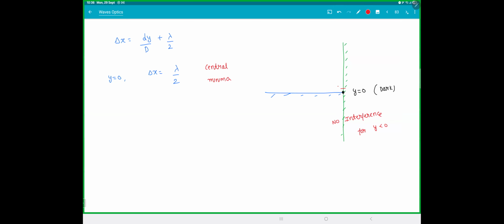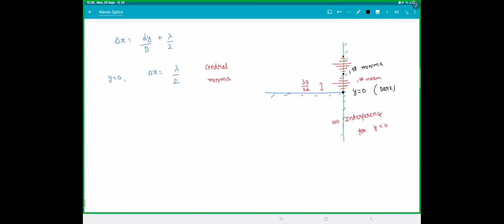That means if you look at the pattern here, this is your first maxima, which will be at a distance of lambda D by 2 small d. So the whole pattern will shift by half fringe width. Then again, you get your first minima here. So y is equal to 0 is the central minima. Then again, the brightness will increase and then again decrease.